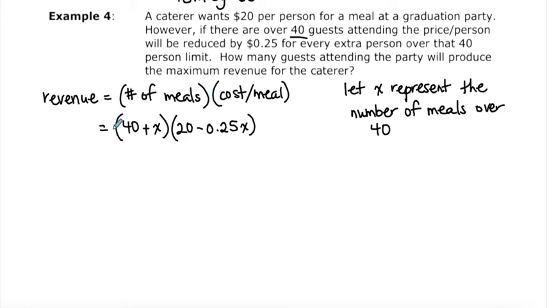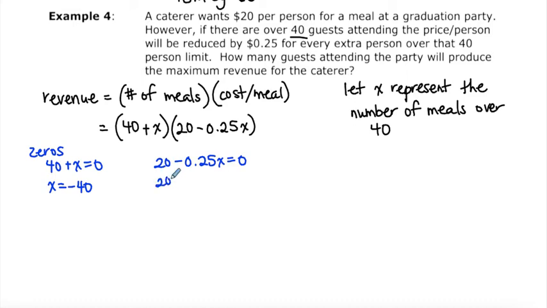Now this is an equation of a parabola in factored form. And because it's in factored form, I can identify the zeros by setting these factors equal to 0. So 40 plus x is equal to 0, and 20 minus 0.25x is equal to 0. Isolate for x for both of those. So x is going to equal negative 40 for the first one.